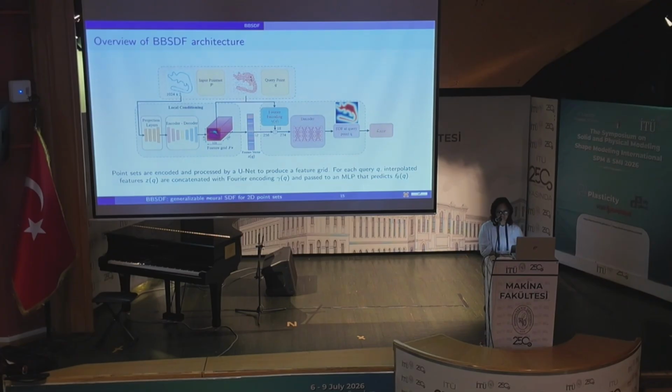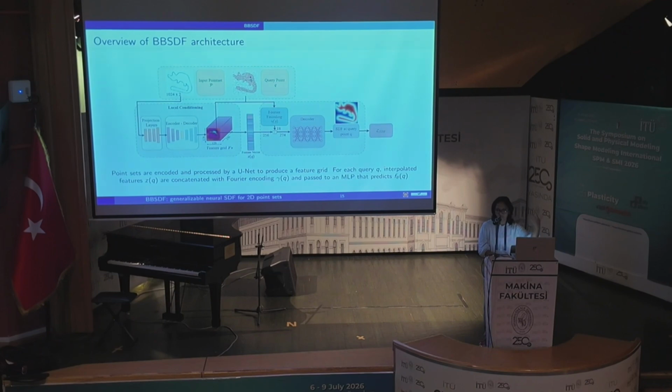Now this shape information, which is a feature vector, along with the point's coordinates, xy in this case, Fourier encoded, these two are concatenated and given to a multi-layer perceptron, which predicts the sign distance value at that point.